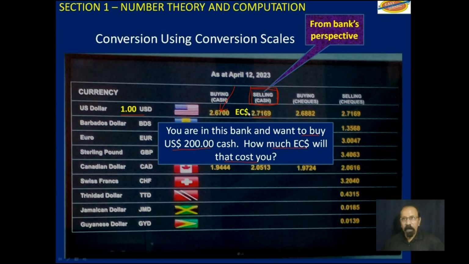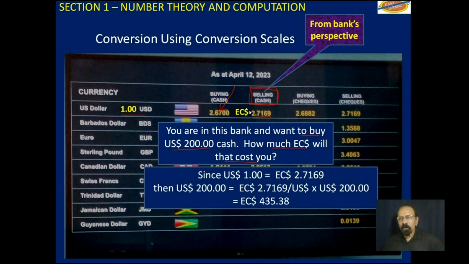If you are buying, the bank is selling. So we'll multiply, since $1 US is equal to 2.7169 EC, then we will multiply that 200 by the EC, and you get 435.38, that is 435 EC dollars and 38 cents.